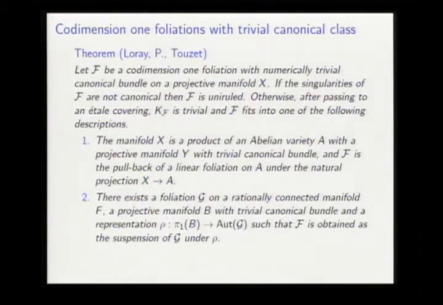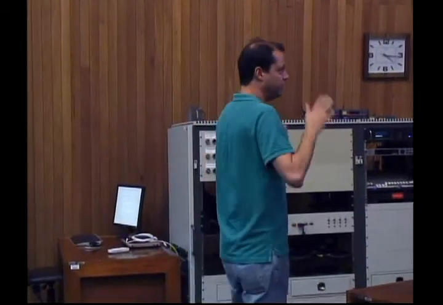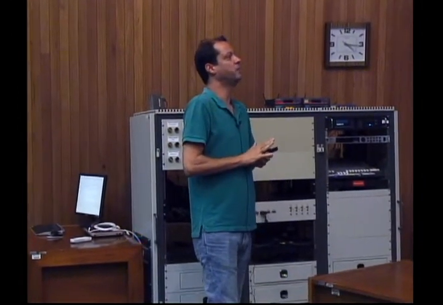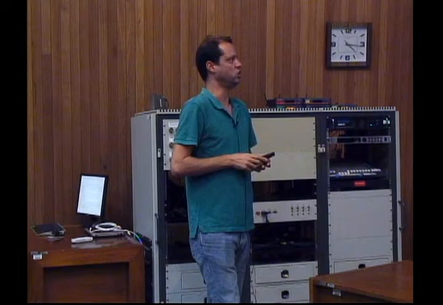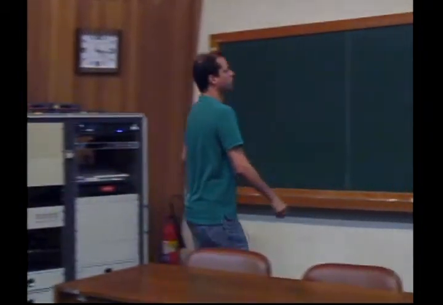We have a rationally connected manifold F, which means that I have a projective manifold which is covered by rational curves. Any 2 points can be connected by rational curves. And in this rationally connected manifold, I have a foliation G. So let me draw a picture.